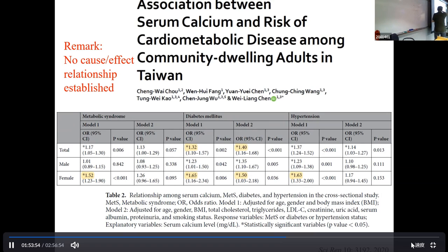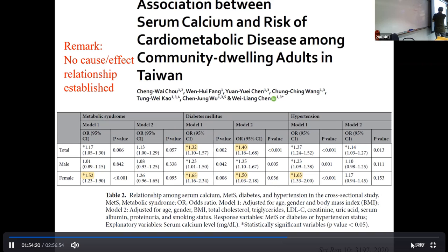So I caution that association is a relationship. So we don't know what is the cause, what is the effect. Maybe it is diabetes that causes high calcium, or maybe it is high calcium that causes diabetes. We don't know. But what you can see is that this study's result is basically the same as the previous one. So what I'm just highlighting with the yellow one, okay?